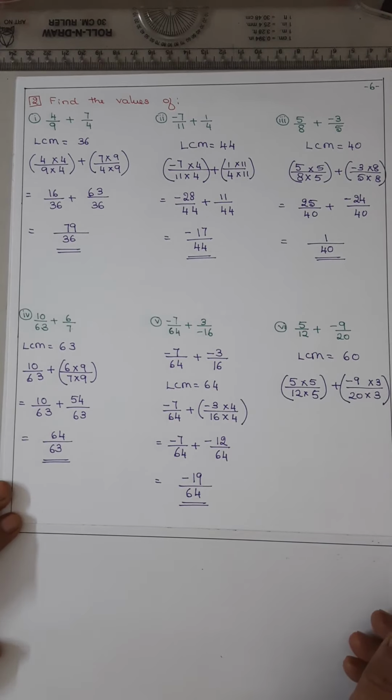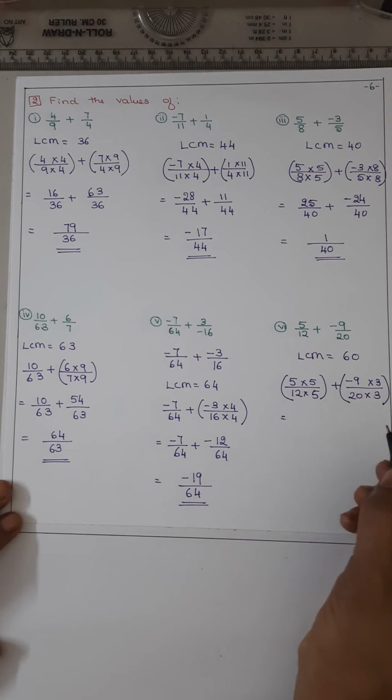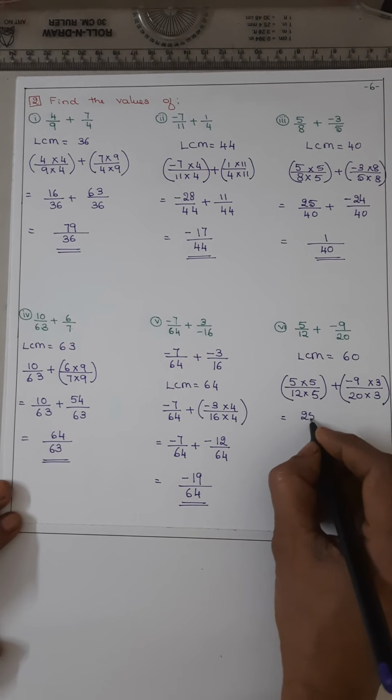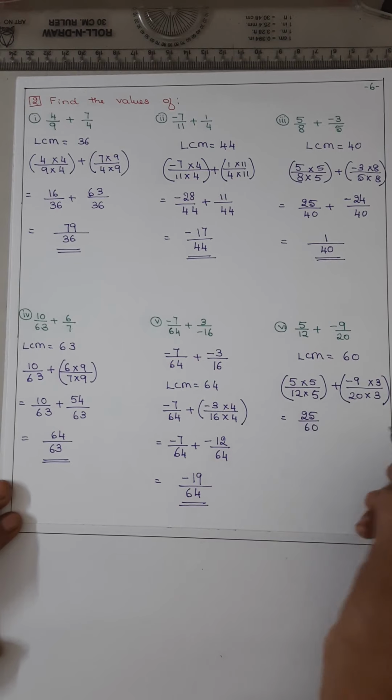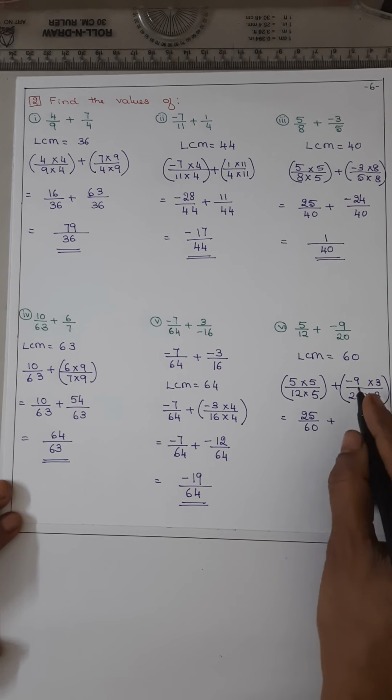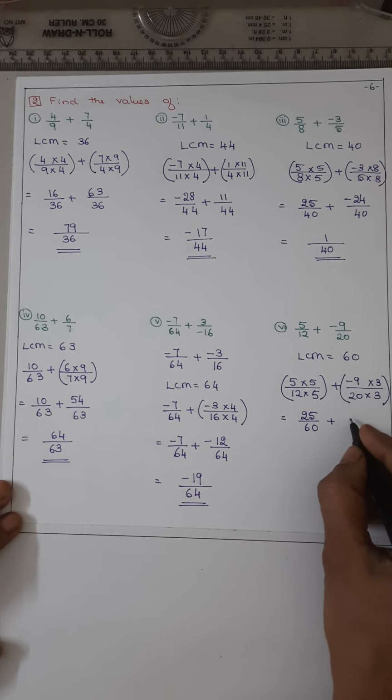Hope everyone is understanding the methods. 5 5s are 25 by 60 plus, here plus and minus, so multiplication के वक्त ये minus बनेगा. 9 3s are 27 by 60.